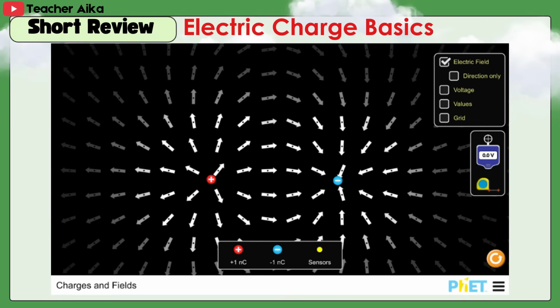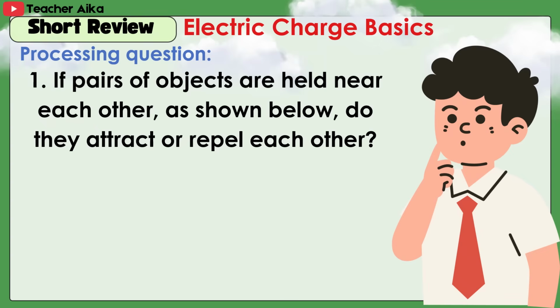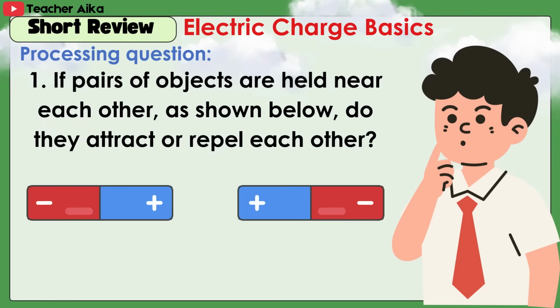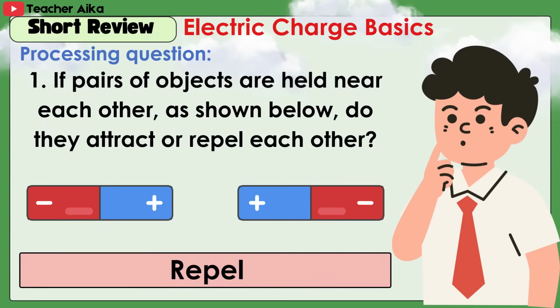Charges and fields. Processing question. If pairs of objects are held near each other as shown below, do they attract or repel each other? Answer: repel.